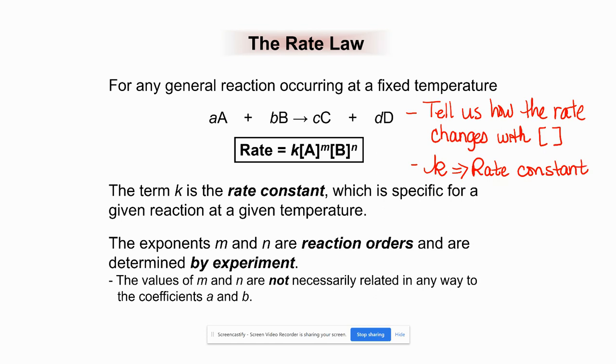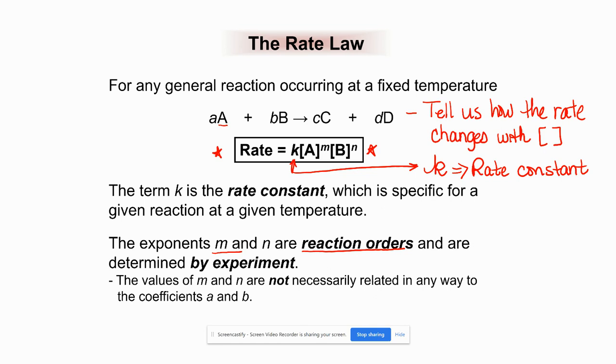Now, let's take a look at how the rate law will be written out. Rate will equal the rate constant K, times the concentration, in this case of A, to the M. M is called a reaction order. That's going to give us the dependency of the rate, how it changes with concentration.